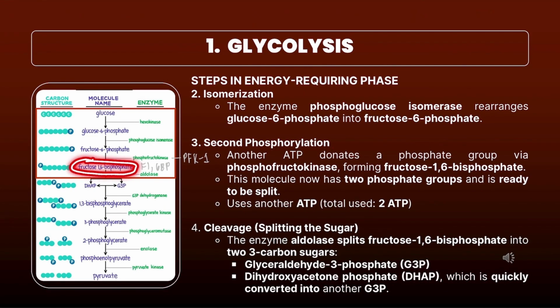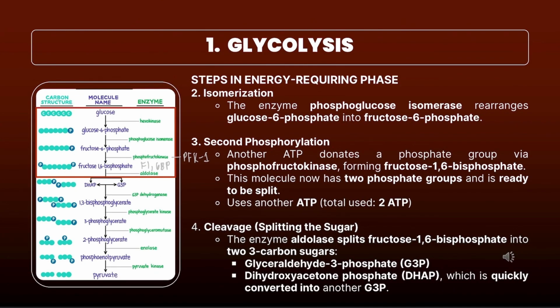In fructose 1,6-biphosphate, it is a 6-carbon sugar, and now it will be divided into 2, and each of them has 3 carbon molecules. So again, this is the glyceraldehyde 3-phosphate and the dihydroxyacetone phosphate, and each of them has 3 carbon molecules, okay?